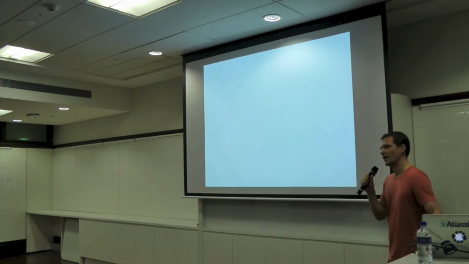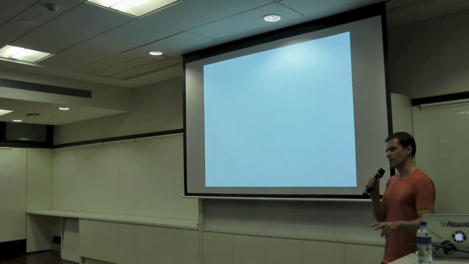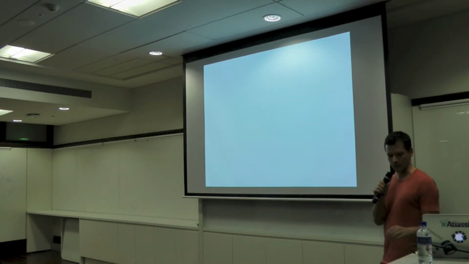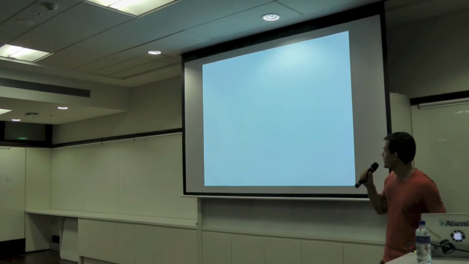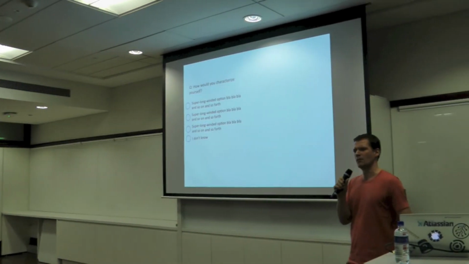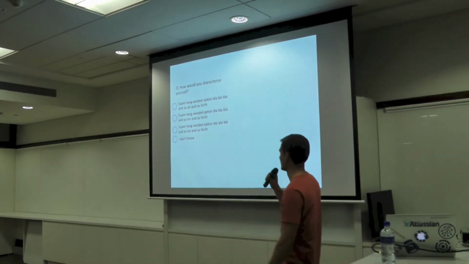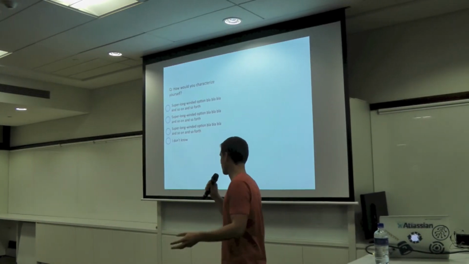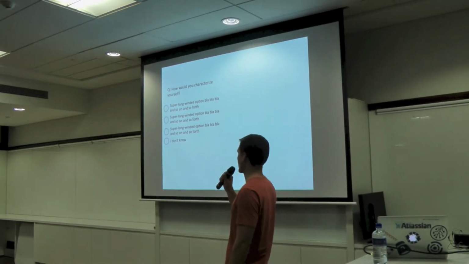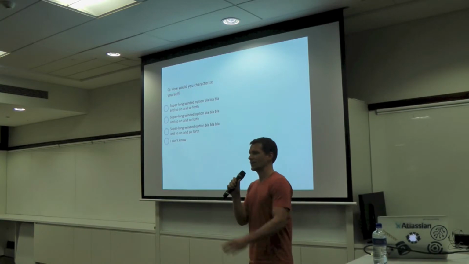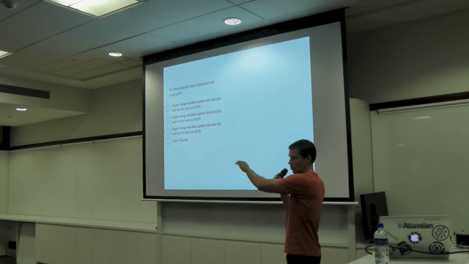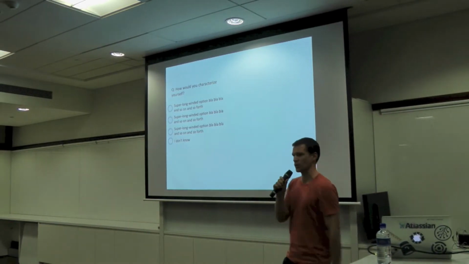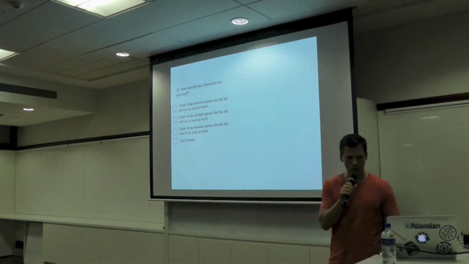As I said, he showed different people in the room different surveys, and luckily I typed fast enough to write down most of them. The first question of the first version of the survey was, how would you characterize yourself? Then there were a whole bunch of quite long options, and one option at the bottom that said, I don't know.